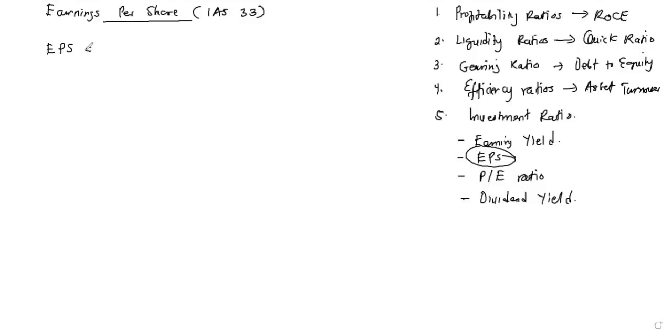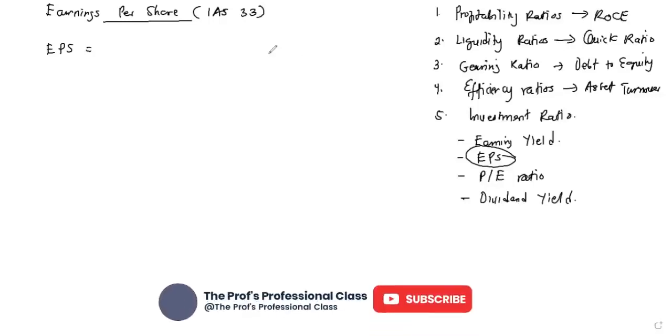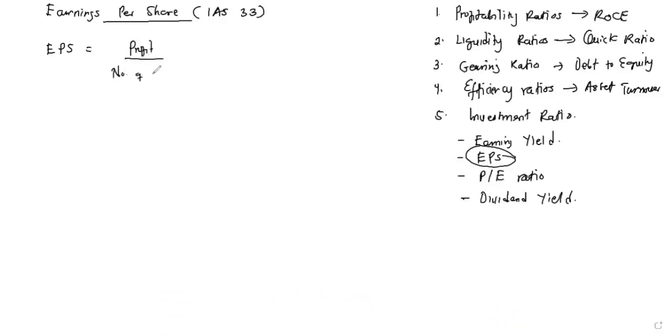So the profit per share. So we divide it by the number of ordinary shares. So it's the profit over the number of ordinary shares.